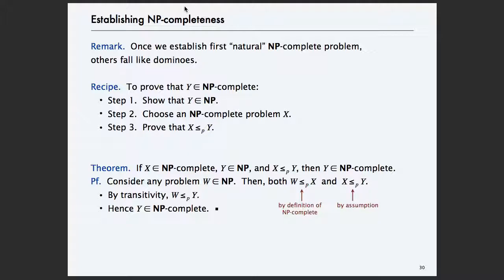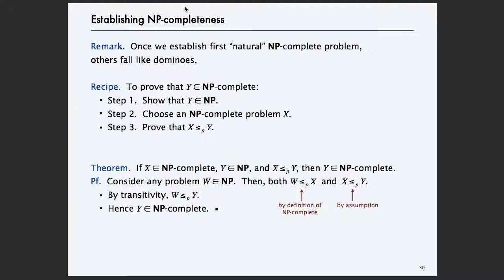Once you do that, right, then you can just transform that one into other problems, and that shows that other problems are also NP-complete. Does that make sense?